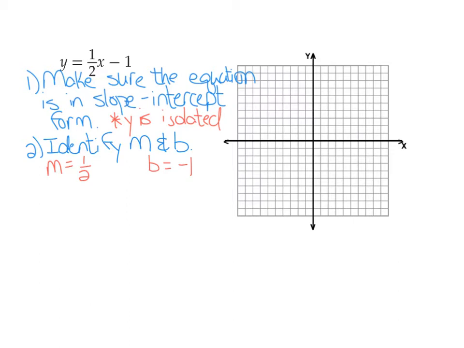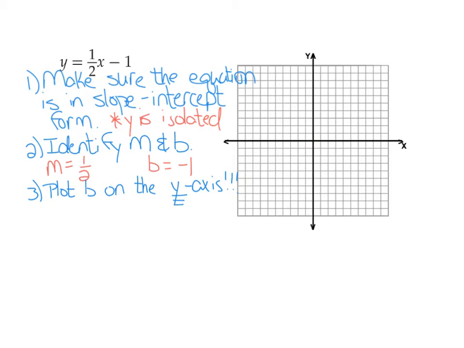So far so good. Now step 3 is when we actually start to graph. We're going to plot b on the, and this is important, y-axis. Underline that y several times, exclamation point behind it. One of the most common errors is to plot the y-intercept on the x-axis, but the y-intercept goes on the y-axis.